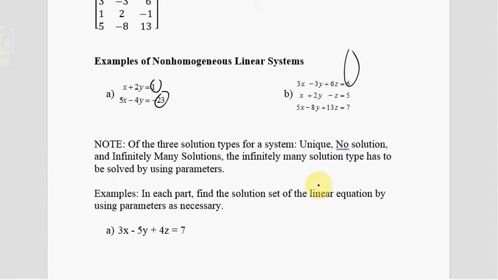We start off in a very simple way, but we'll build on it, and it explodes later on into other concepts that basically mean the same thing, that I have an infinitely many solution set. So here, in these examples, in each part, find the solution set of a linear system by using parameters as necessary.